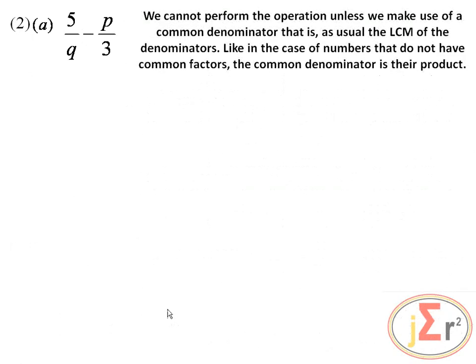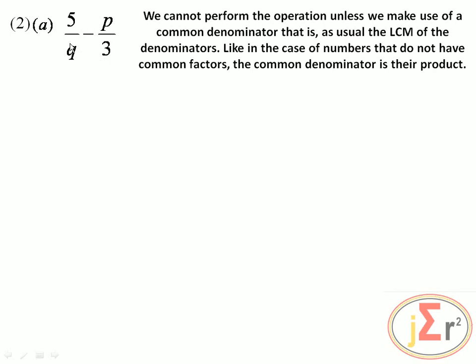Algebraic fractions. What do we do? We cannot perform the operation unless we make use of a common denominator. That is, as usual, the LCM of the denominators. Like in the case of numbers that do not have common factors, the common denominator is their product. Therefore, the common denominator in this particular case will be the product of Q and 3, which will be 3Q.